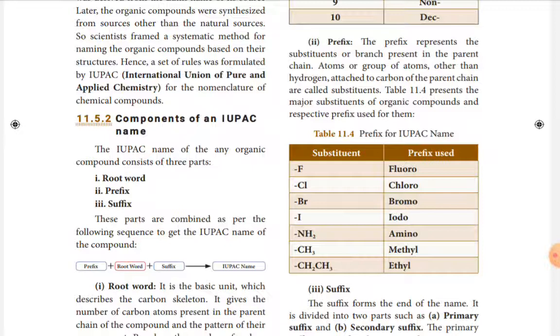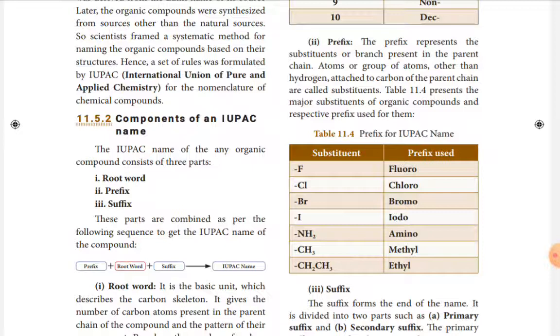The components of an IUPAC name. There are three important parts in the naming of organic compounds based on the IUPAC pattern. First one, root word. Second one, prefix. Third one, suffix.